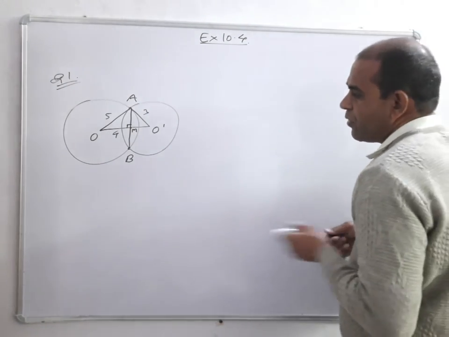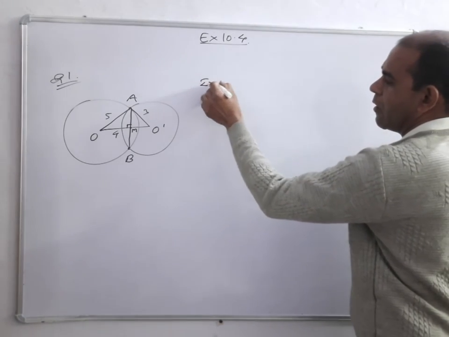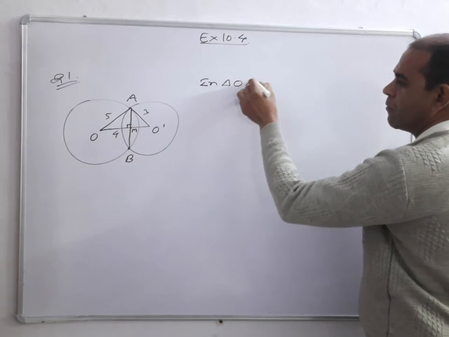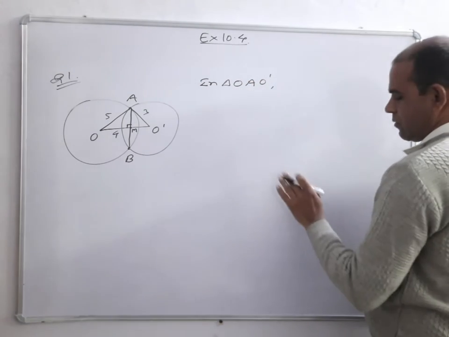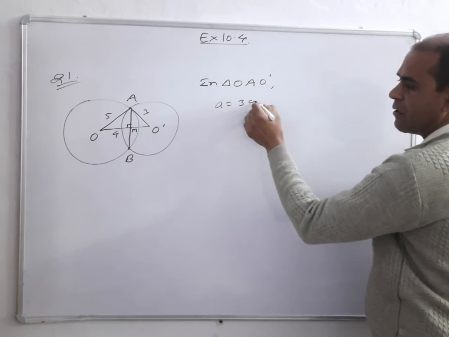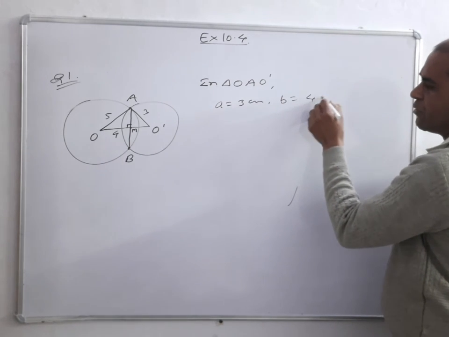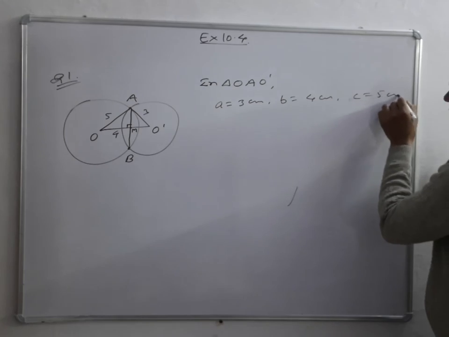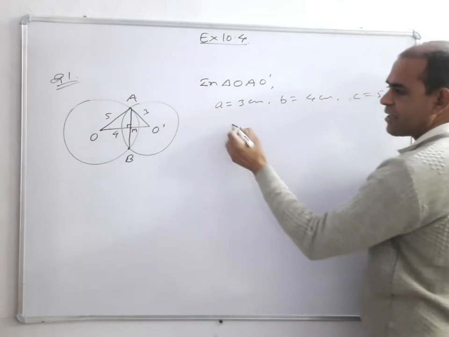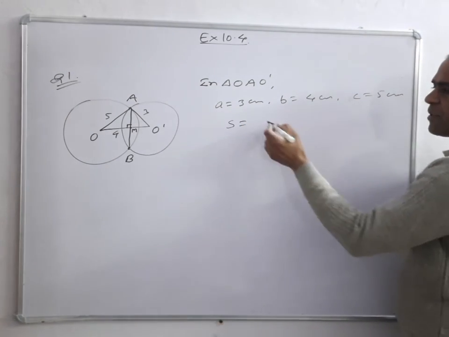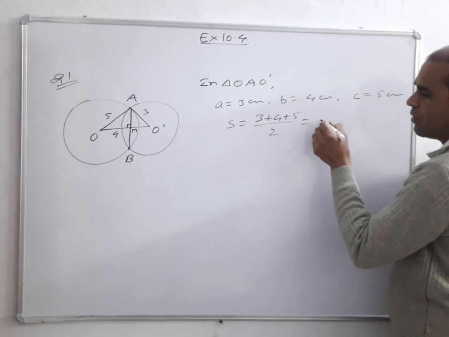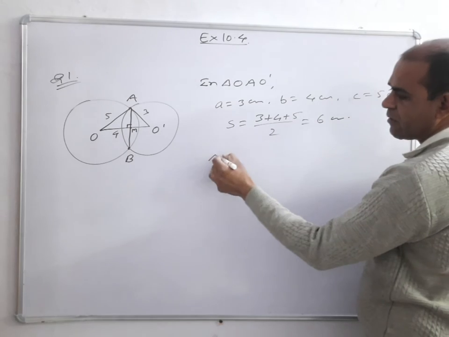So first of all, in triangle OAO dash, a equal to 3 cm, b equal to 4 cm, and c equal to 5 cm. These three sides are given. So s is (a plus b plus c) by 2, (3 plus 4 plus 5) by 2, 12 by 2, 6 cm.